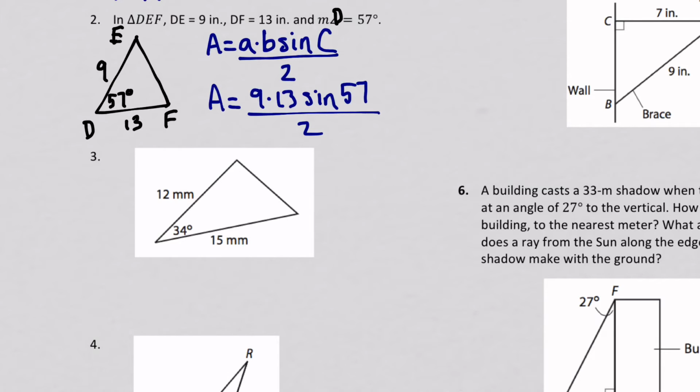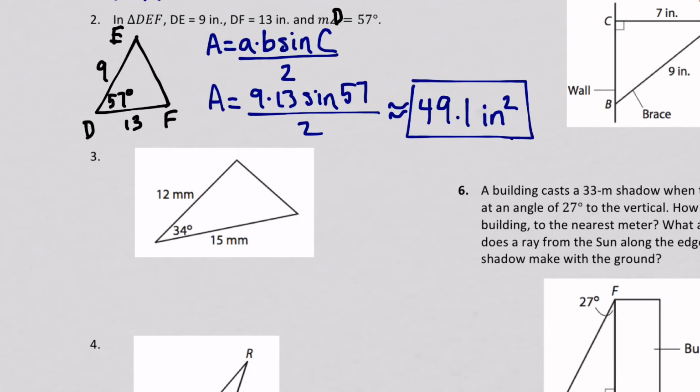And once again, at that point, it's just punch into the calculator. So my calculator says that this is approximately 49.1. Again, rounding to the nearest tenth. It says 49.0622, but rounding to the nearest tenth, 49.1. What are these? Inches? We're looking for the area here, so you need to put the units. Inches squared, or square inches.